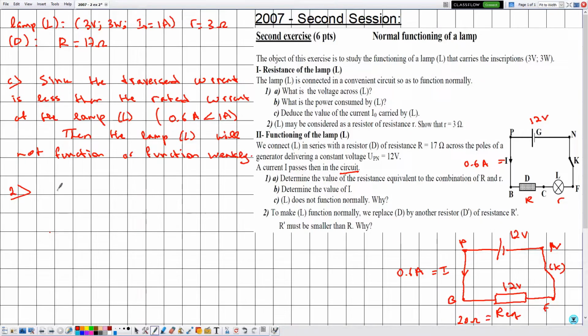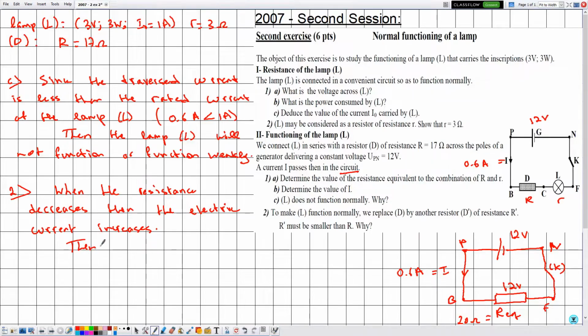Then let's say when the resistance decreases, then the electric current increases.